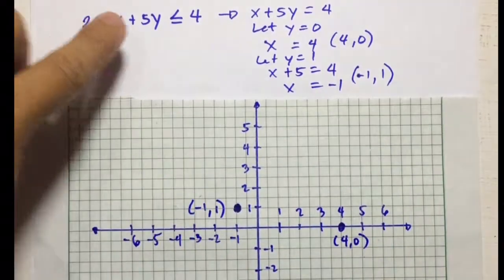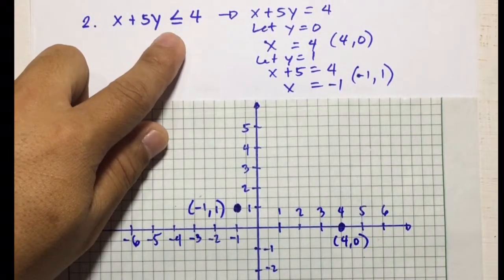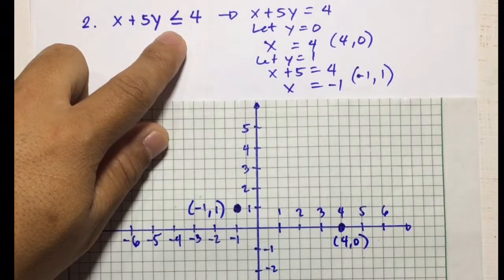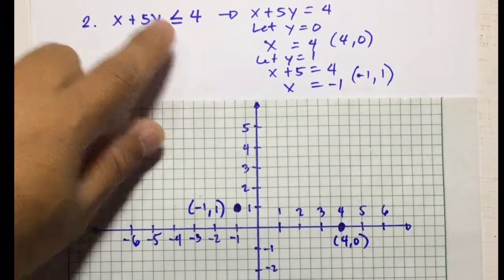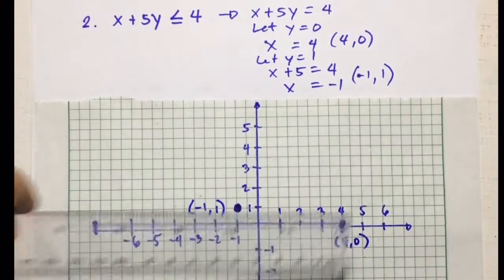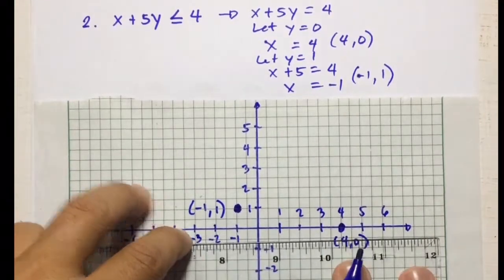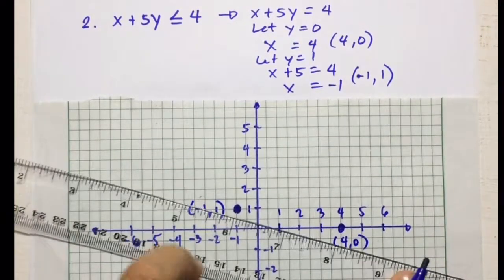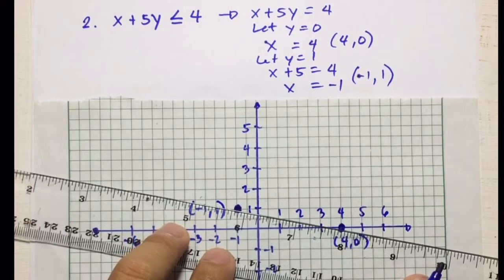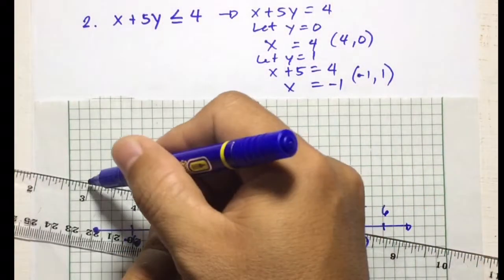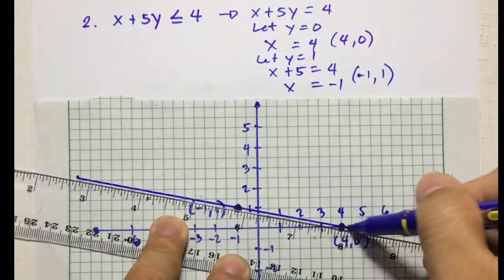Then, since this is an inequality symbol with an equal sign below it, we're going to have a solid line. This means that all of the points found on the line are part of the solution. So we're going to draw a line here.